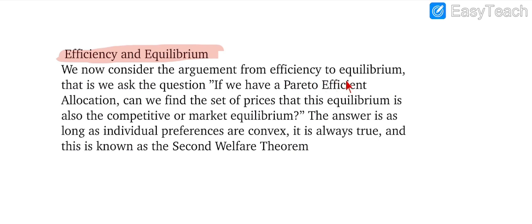Actually, efficiency to equilibrium, and the question is, if we have a Pareto efficient allocation, can we find a set of prices such that this is also the competitive or market equilibrium? The answer is yes, as long as individual preferences are convex.